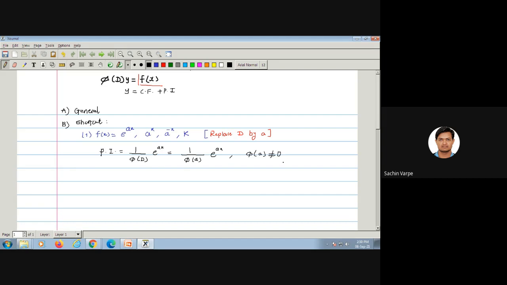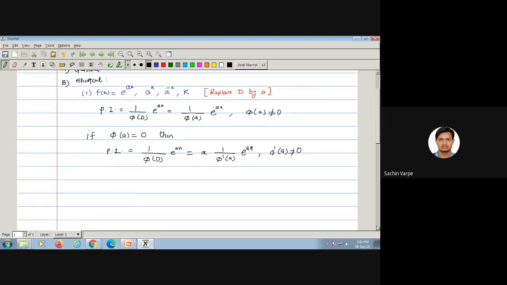If it is zero, then that is called a case of failure. In case of failure, we multiply by the independent variable and differentiate the denominator. So if phi of a is zero, then the PI, 1 upon phi of D e to the power ax, can be written as x into 1 upon phi dash at a e to the power ax, provided that this is non-zero.